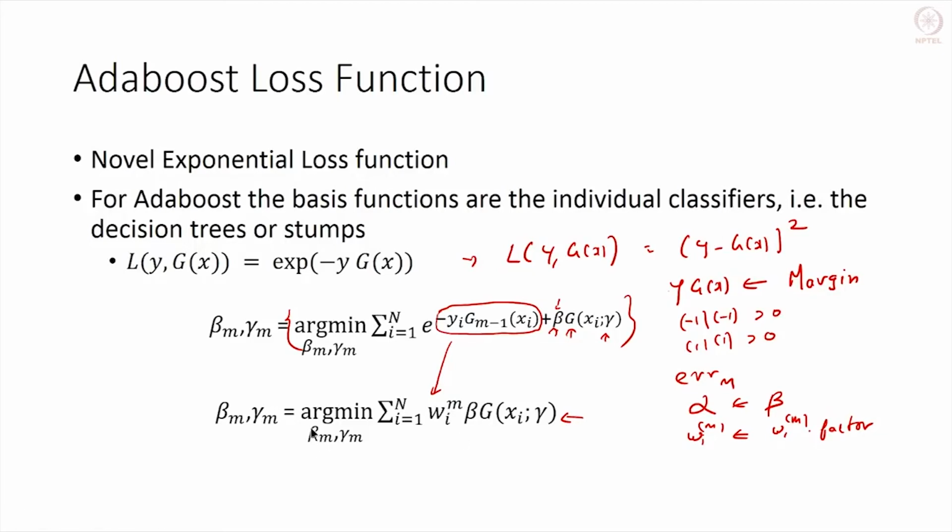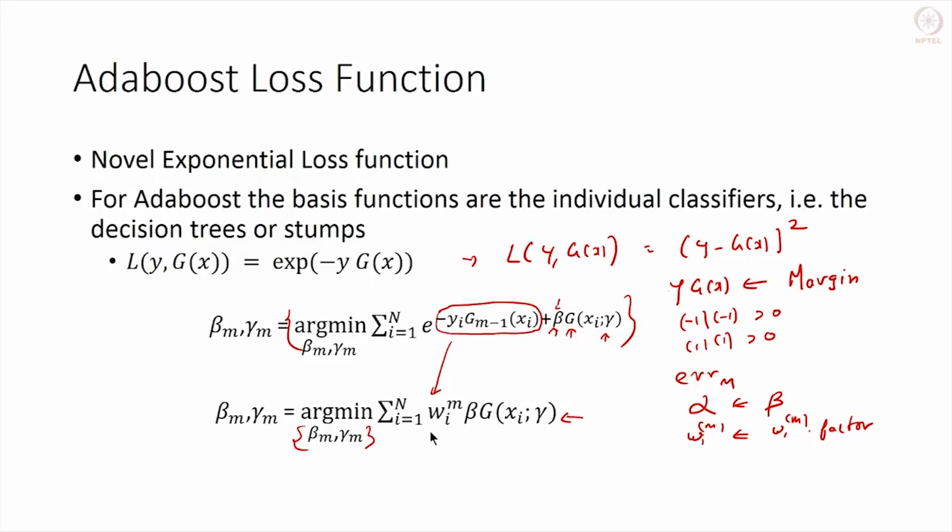In this case we are optimizing for beta m and gamma m, where gamma m are the parameters of your decision tree. You figure out the best decision tree by minimizing the misclassification rate, and then once you fix that, we can optimize for beta, which can be done by taking a derivative of this loss function with respect to beta, setting it to 0 and plugging in the optimal decision tree.